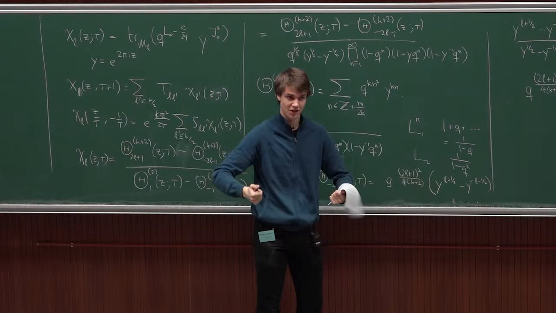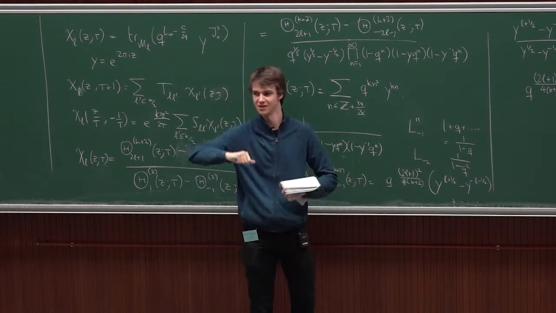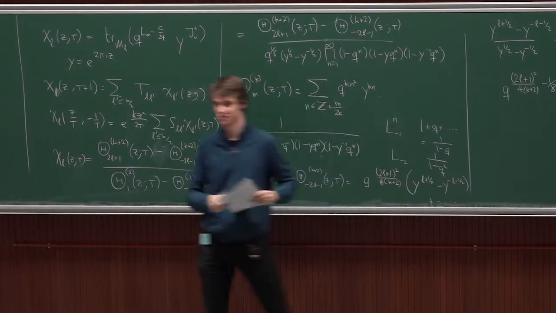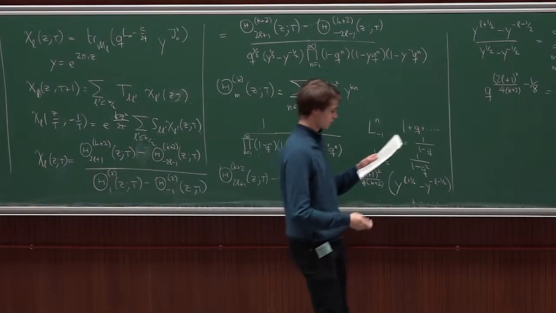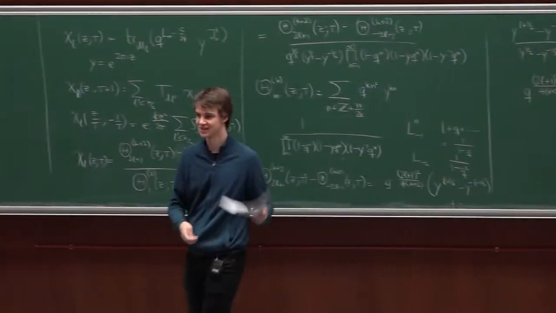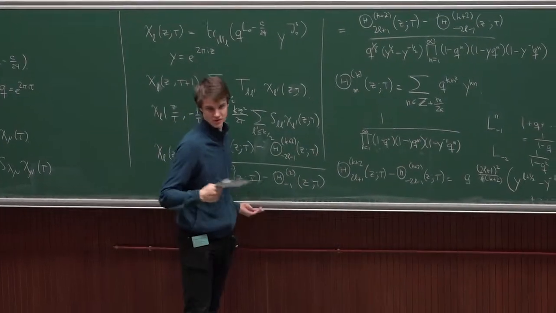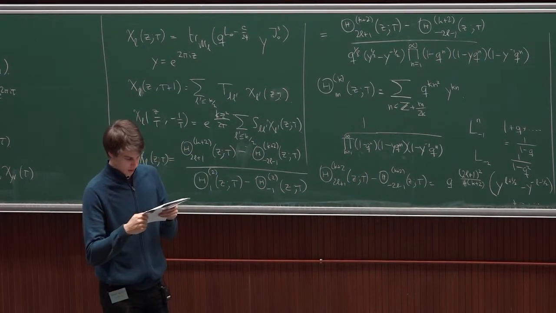But then you subtract too much, because also the null vector has again a null descendant, which you should add back in. And then it goes back and forth, and you get an infinite sum, basically. So that's how the character comes about. So I hope I showed you slightly what the structure of these characters are. And it's nothing too frightening. You can just put it on a computer and expand.